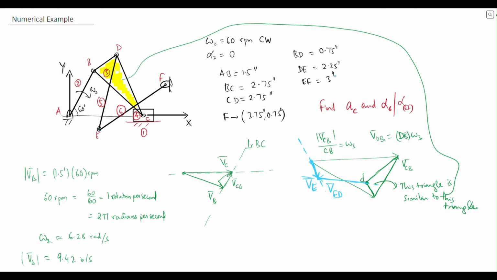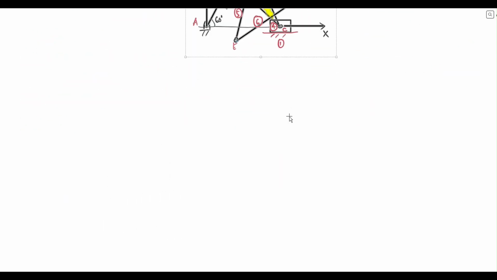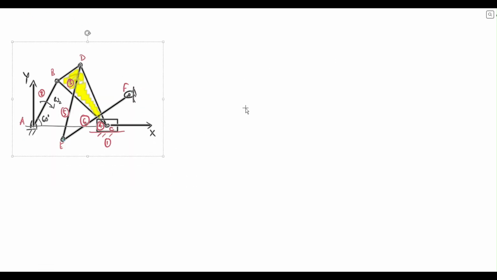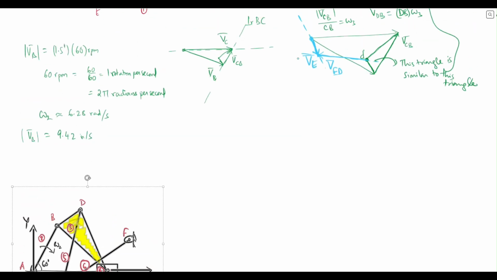At this point, I can copy this diagram. I'll paste it here. And let's look at, we can identify from the velocity diagram the omegas of link 5, 6.